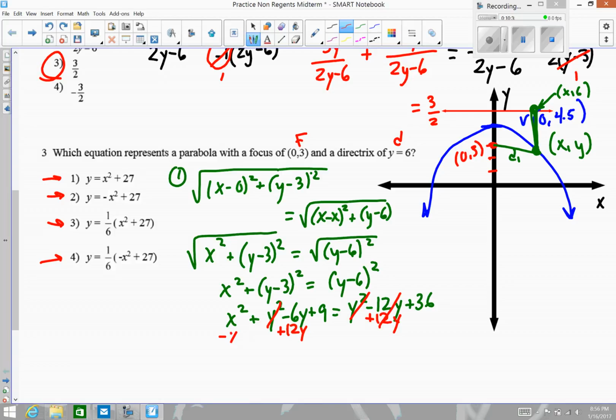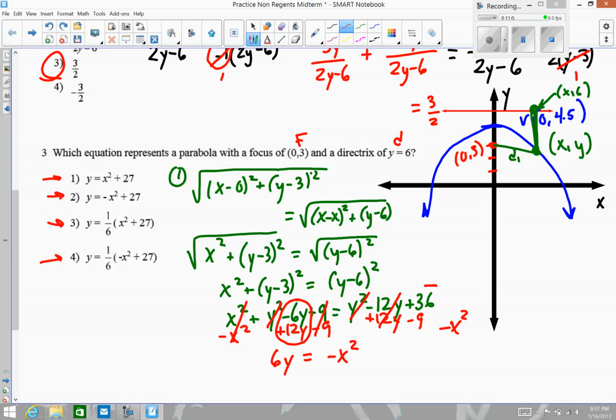So I'm going to subtract an x squared from both sides, and subtract 9 from both sides. And I will end up with negative 6y plus 12y gives me 6y. And on the right hand side, looks like I've got a negative x squared.